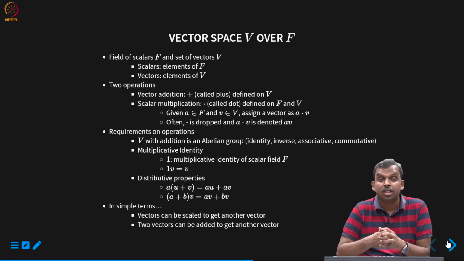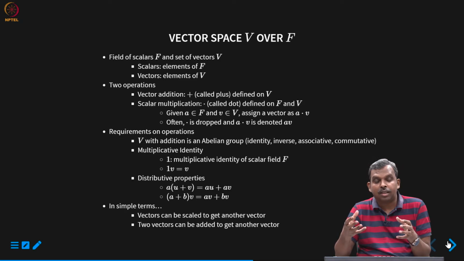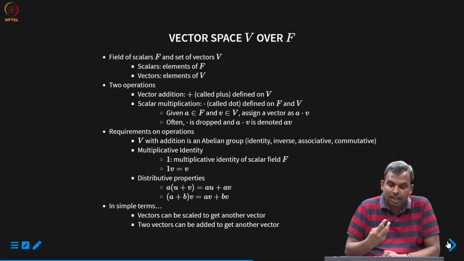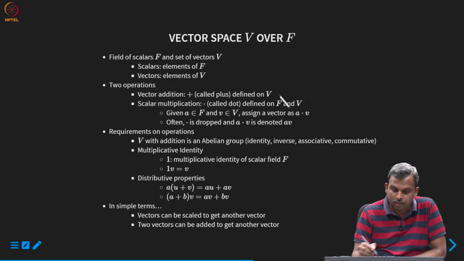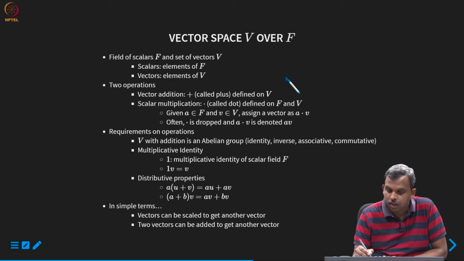The vector addition is usually denoted plus, and it is defined on the set V. So, given any two vectors u and v, I should be able to add them and give another vector u plus v. Let me just write it down here. So, given u and v, u plus v is another vector.